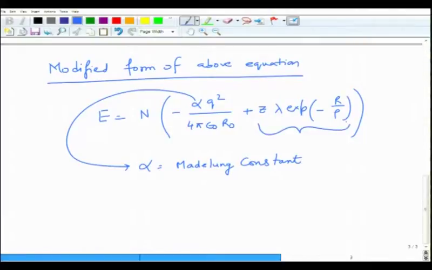Again, this is the repulsion term, you can see, and it varies exponentially as a function of distance, and this is your attraction term. This Madelung constant alpha is defined as the sum over I of plus or minus 1 over r I divided by r naught, where r I is also called rho I. So, the Madelung constant alpha is a constant which depends upon the interaction between the ions.